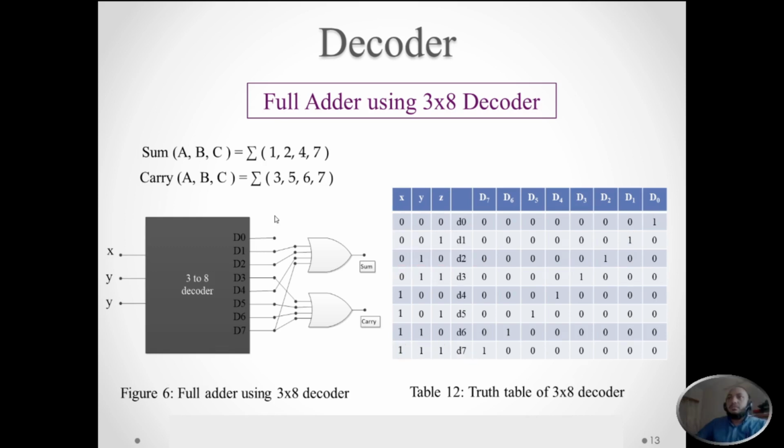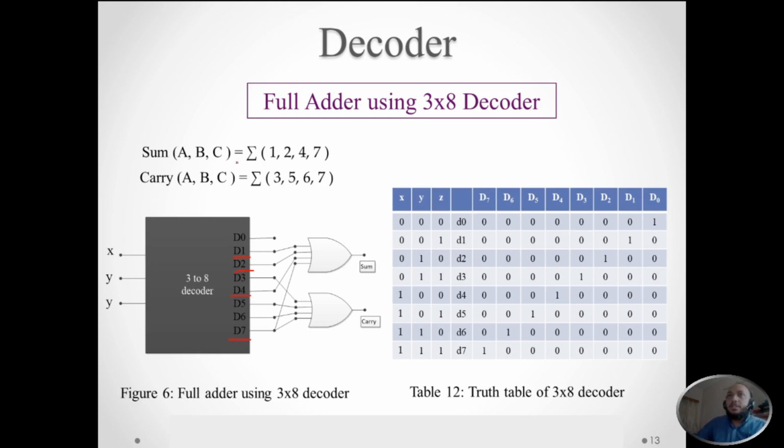Now let's see how we can design a full adder using a 3:8 decoder. If we take a 4 input OR gate and give its inputs as D1, D2, D4 and D7, then we will get the output as sum. Let's see how.